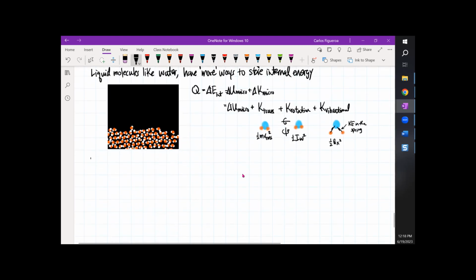So when heating liquids, the heating is distributed among the different kinds of motion.